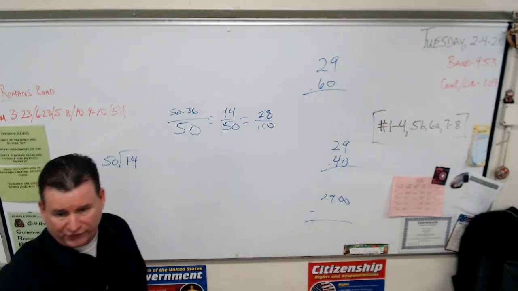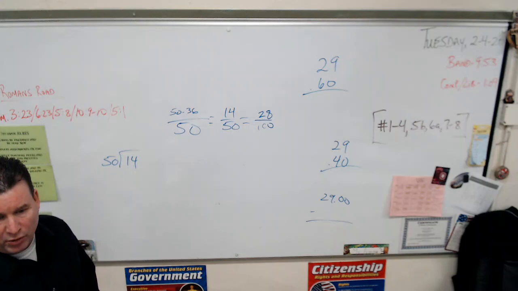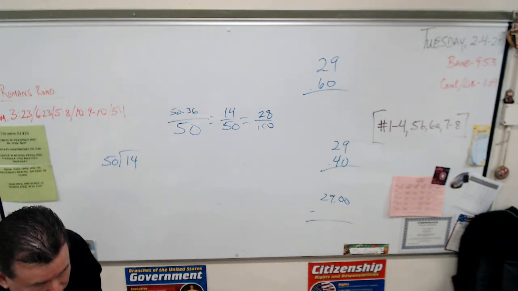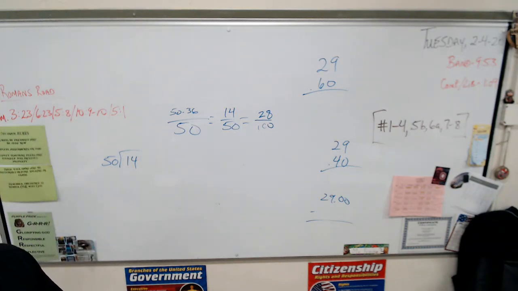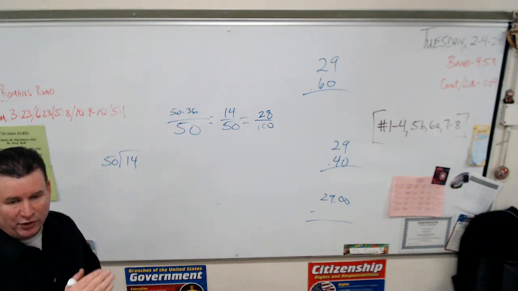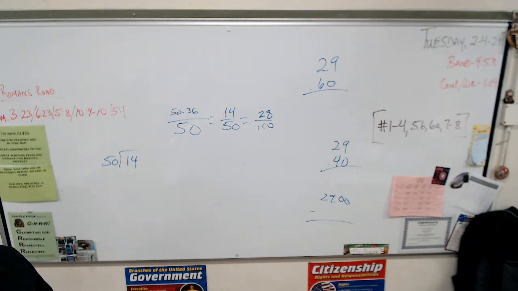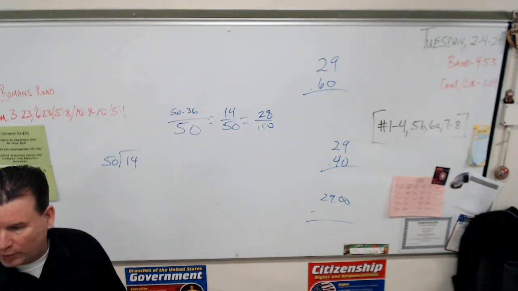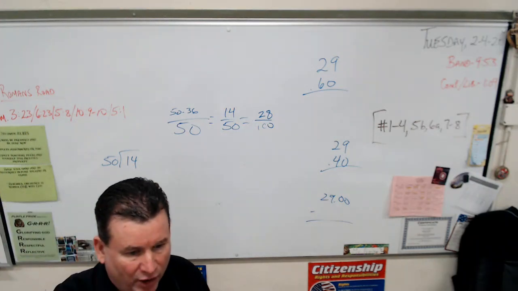It was 50, the original. The new is 36. What's the difference? Say it out loud. It was 50. The new is 36. Put that over the original price. What do you put it over? What's always in the denominator? The original price.